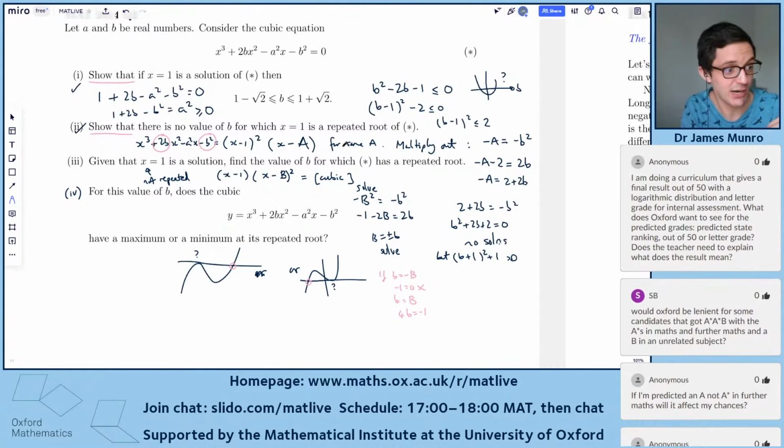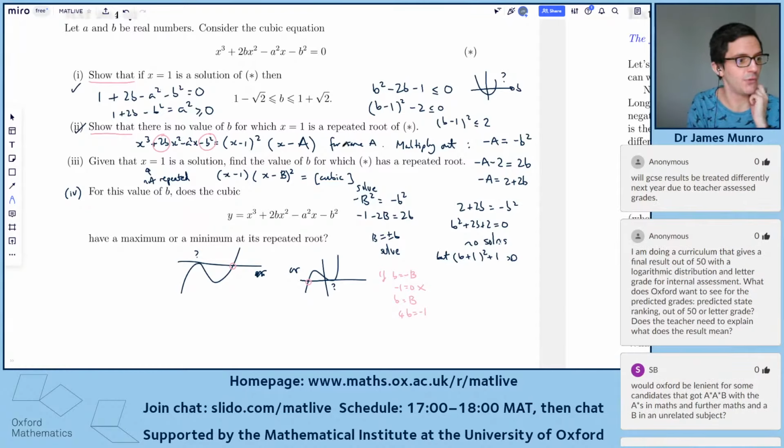For the predicted grades, your referee, which might be your teacher, will be asked for a prediction for what the grade will be in that qualification that's upcoming. So it's not quite the same as being asked for internal assessment grades or something. It's being asked about what's the actual outcome afterwards. So nothing to do with the distribution of how you get there or what the raw marks are. Just what's the qualification going to be?